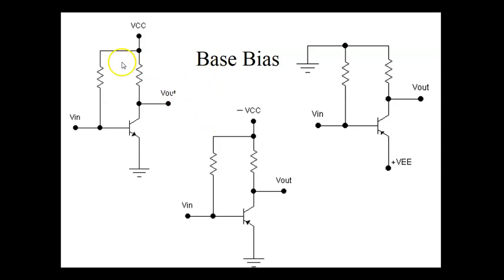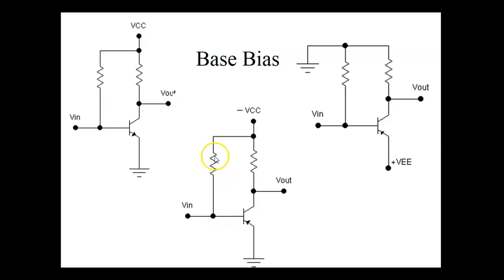So this is a PNP transistor. This is an NPN transistor. This is a PNP. So notice here we're using a negative power supply, because it's a PNP. The collector has to be reverse biased. That's very important to know. Since it's P, we're going to put an N, a negative voltage on it.